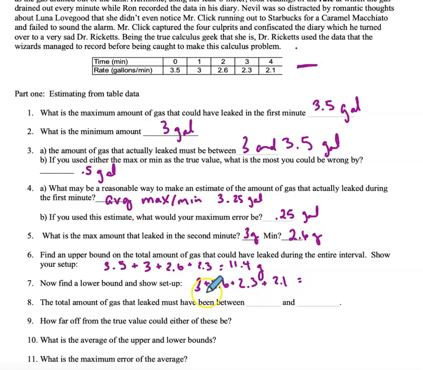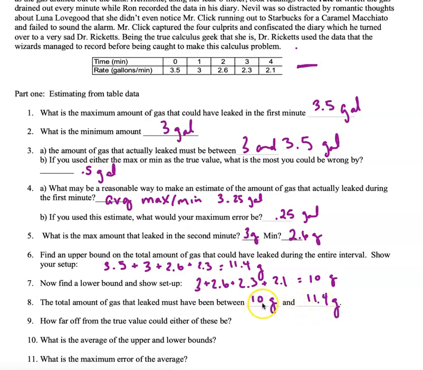And that minimum amount is going to be 10 gallons exactly. Which means that the total amount that leaked out must have been between a minimum of 10 gallons and a maximum of 11.4 gallons.